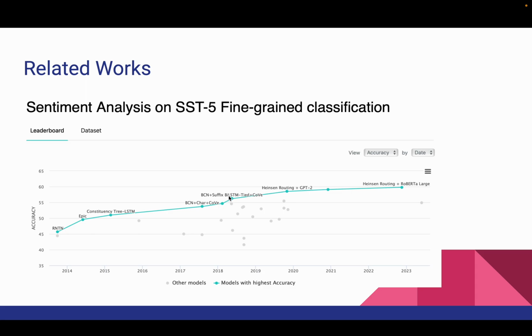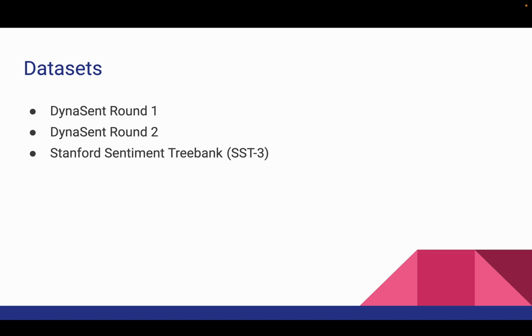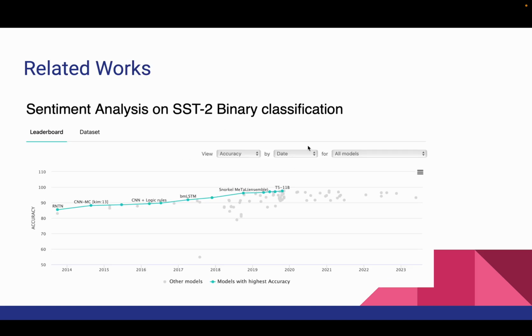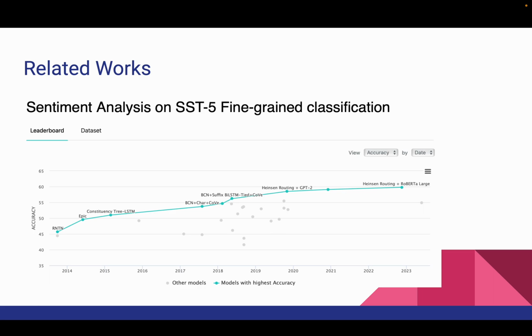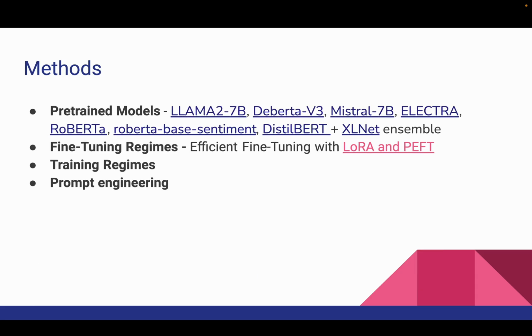So for our work, since the classification task is ternary, three classes, we expect the outcome to lie between 90 and 60, maybe like 70 to 80, which would be a good comparison.